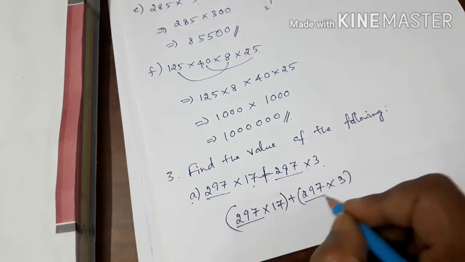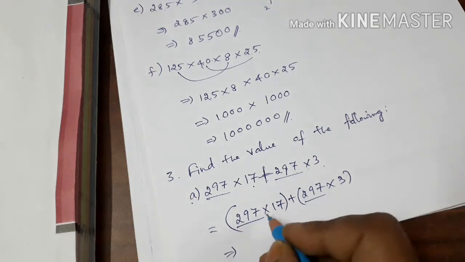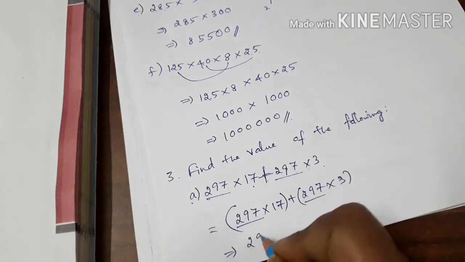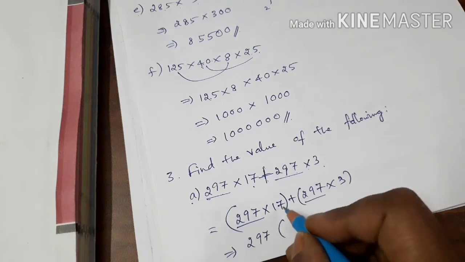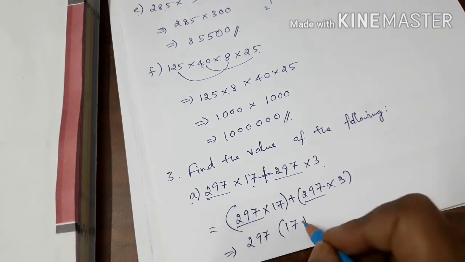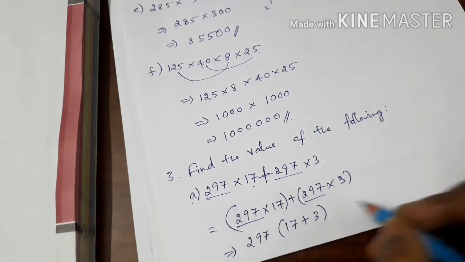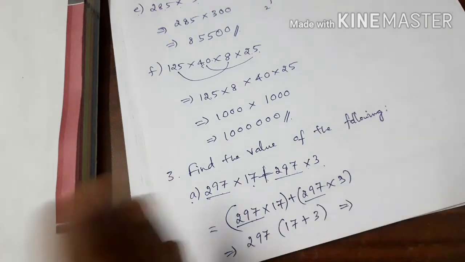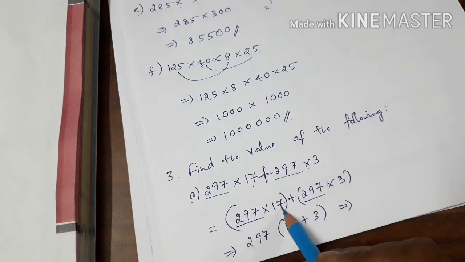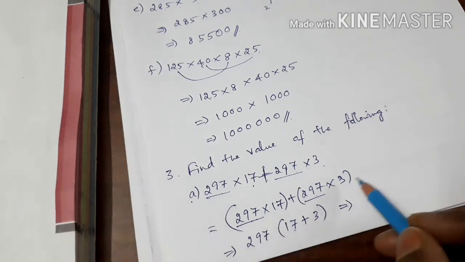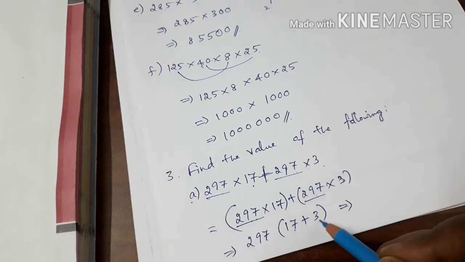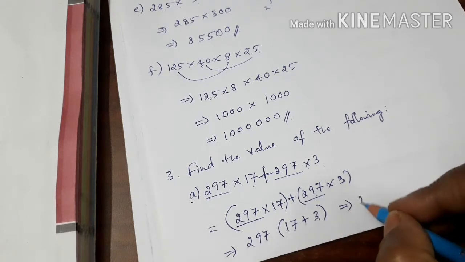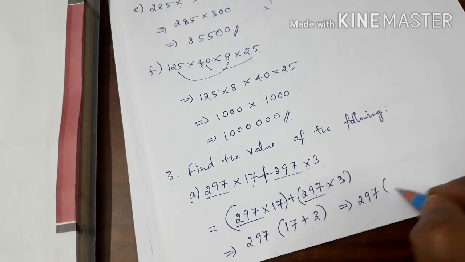When we take 297 out, the remaining terms are 17 and 3. So 297 into 17 plus 3, 20.